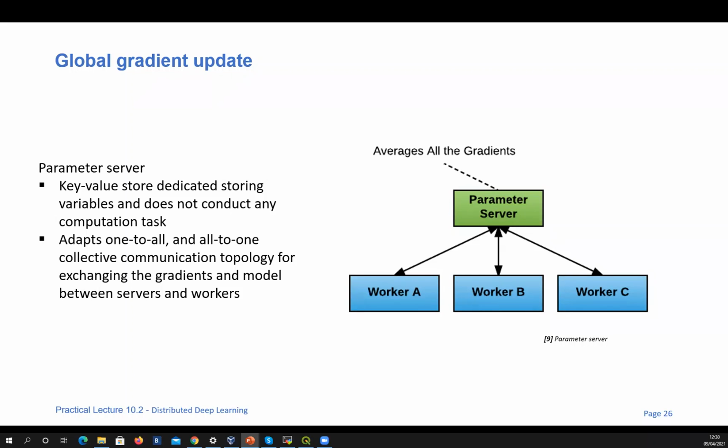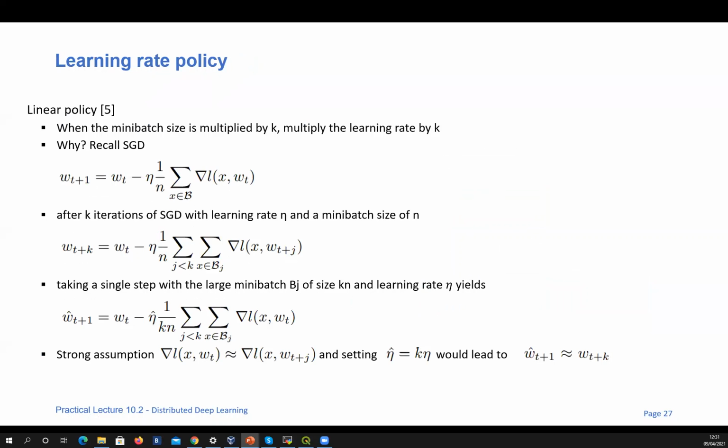It was widely used in the past, but as you can easily see, it's not good because you have one single point of failure. If this parameter server, with the increase of devices, becomes overwhelmed by the amount of communication, then it might become very slow or even eventually fail and crash. So a solution that is actually very much implemented is one that I will present later on in the second part of my lecture today.